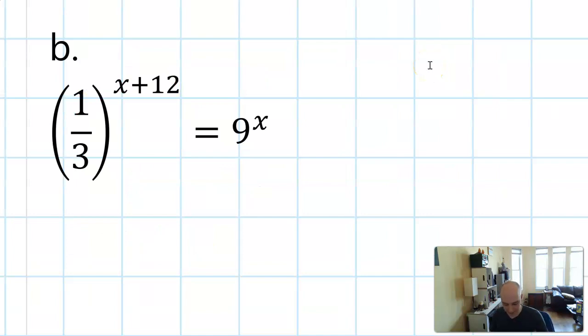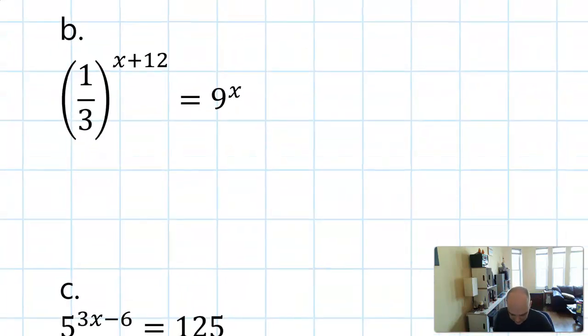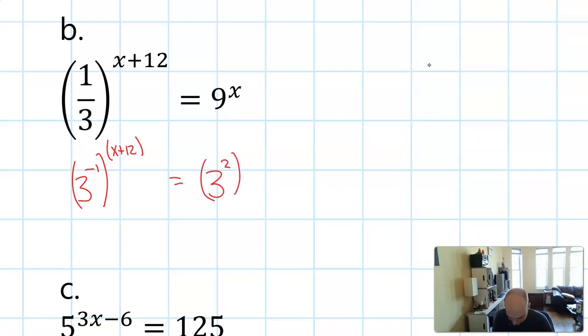Now here's an example of equations where the bases don't immediately match, but they both kind of smell like 3, don't they? So that's where we're going to use our exponent properties and express the bases as matching and then solve. 1/3 is 3 to the negative 1, and that's still raised to the power of x plus 12. And 9 is 3 squared, and that's still raised to the power of x.